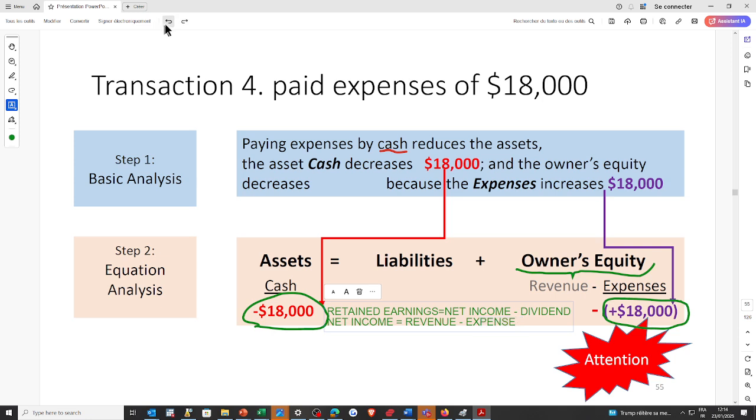I think this is very important to take note of, because if not, you will make a mistake about this one, right? Because always remember that the retained earnings should equal net income minus the dividend. In that case, we don't have any dividend, right? Okay.